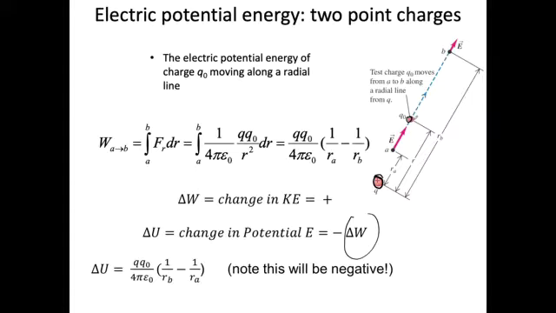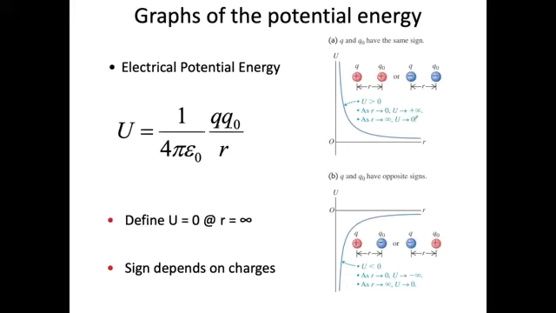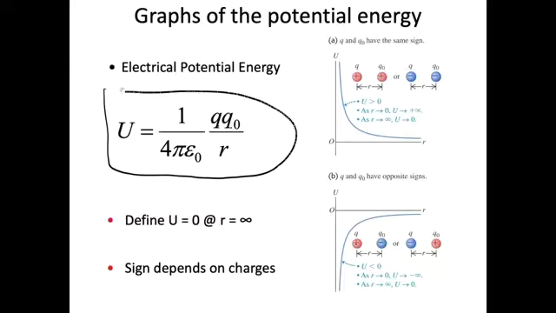So the change of potential energy is negative. So starting from Coulomb's law, we have calculated the electric potential energy between two point charges, and it is given by this equation.